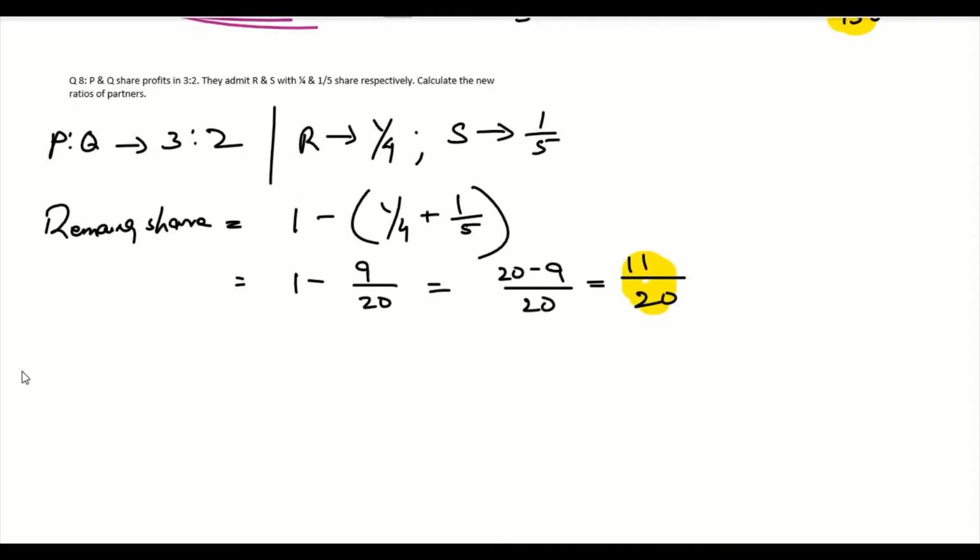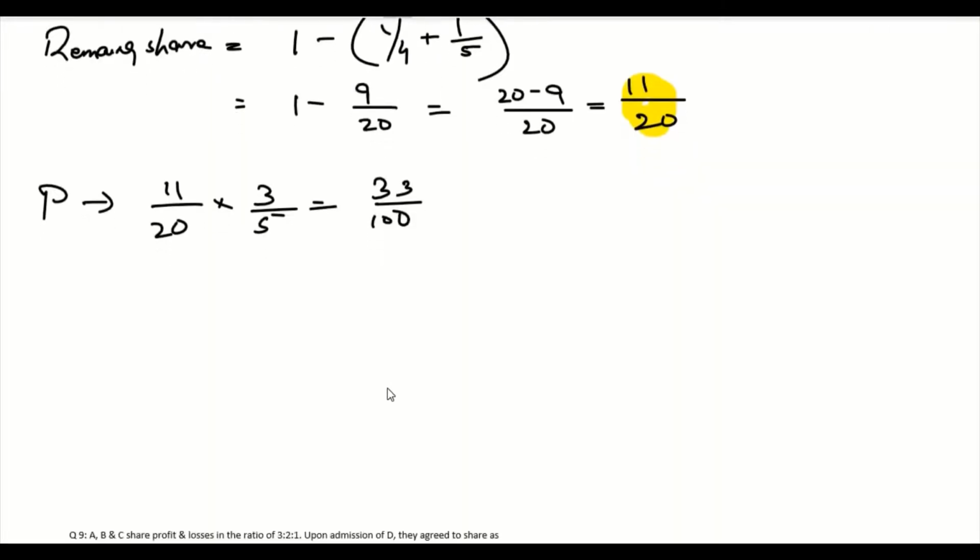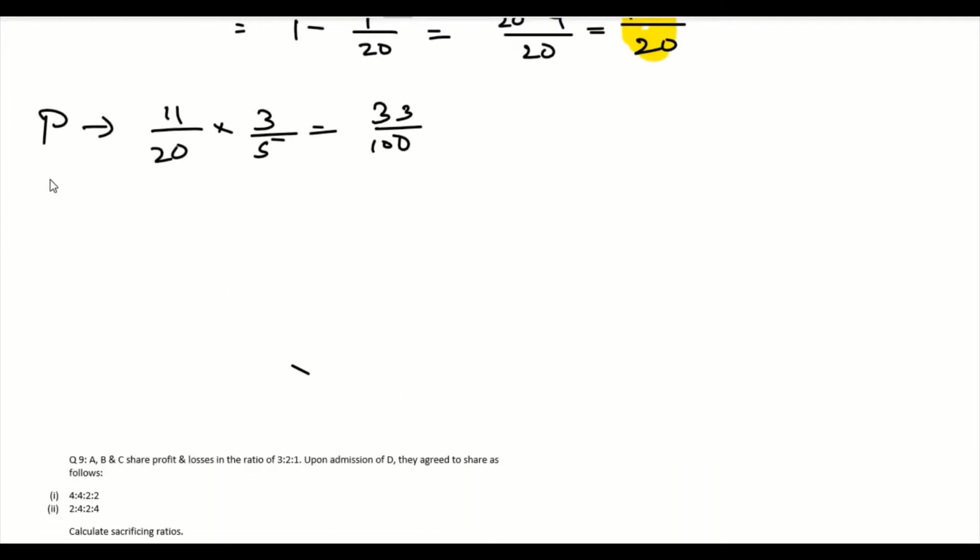So how much P is going to get? P is equal to 11/20 into 3/5. So P's new share is 33/100. Then we have Q. Q is 11/20 into 2/5. 2/5 is original share.